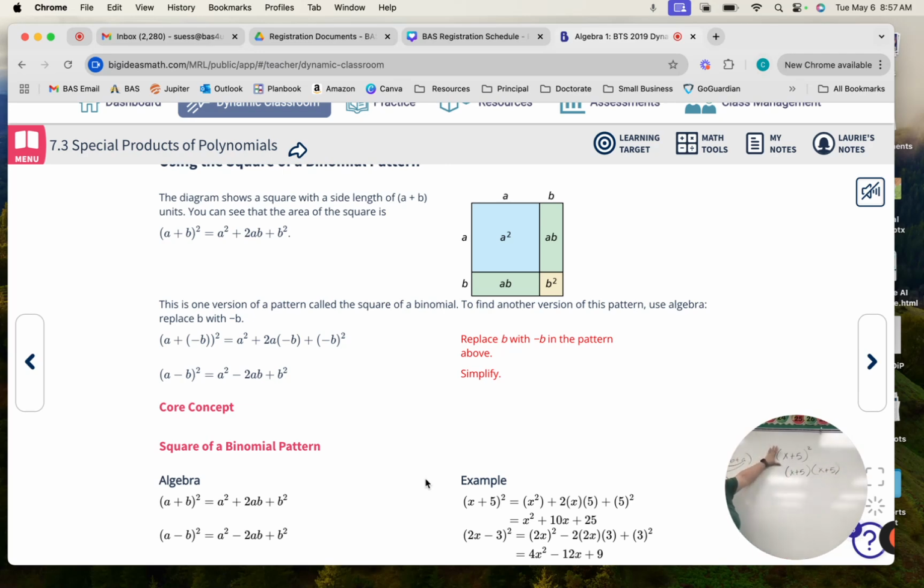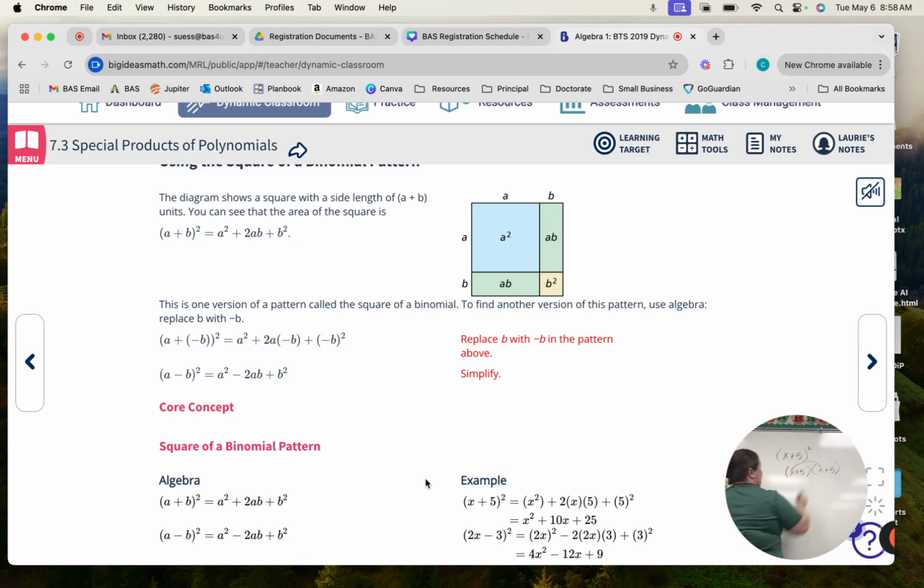Eventually, you will recognize this as the square of a binomial, and you'll know how to get from here to here without doing FOIL. I know you don't believe me, but I promise you'll be able to do it in your head. But let's do it out loud.